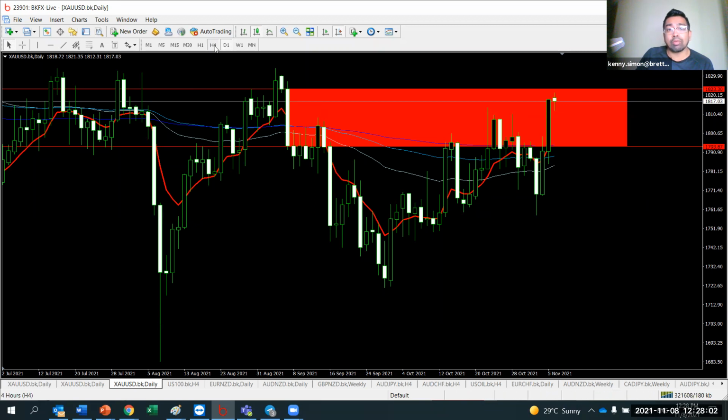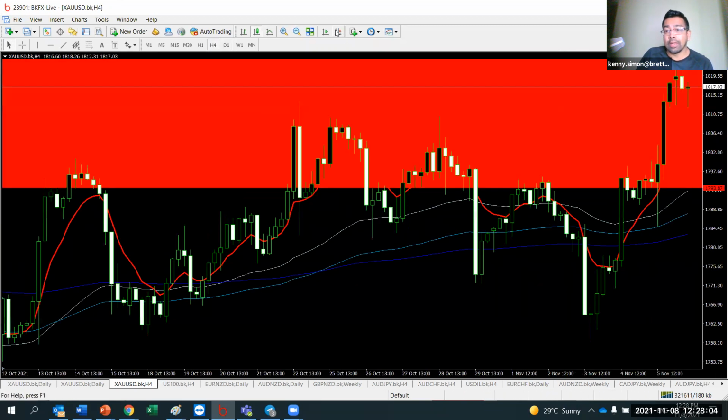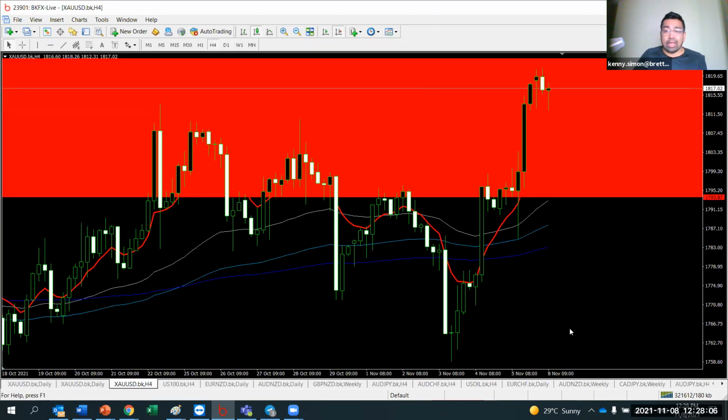If we scale down to the 4-hour chart as well, you can see that the red box still remains intact, and you can see the price is there, and you have got various other resistances as far as the eye can see, which is here, here, here. What I would then do is lay that out with a different color, of course.